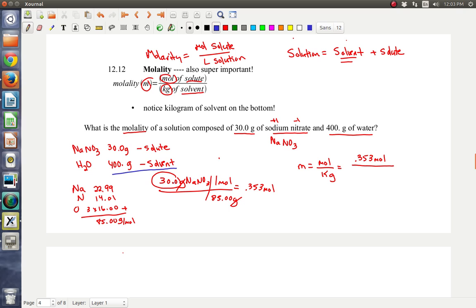And so I've got to turn that 400 grams into kilograms, which is dividing by 1,000, which we've done enough now, I'm not going to work it out, but it's 0.400 kilograms. So because I've got to divide by the solvent, 0.400 kilograms.